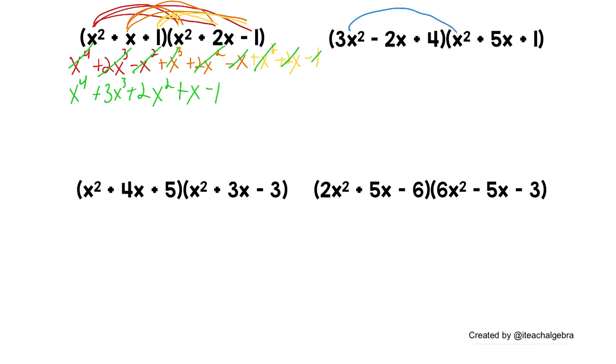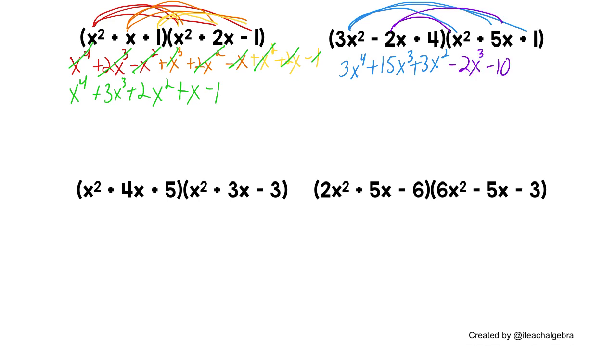3x squared times x squared is 3x to the fourth. And then 15x to the third. And then plus 3x squared. The second term, negative 2x times x squared is negative 2x to the third.